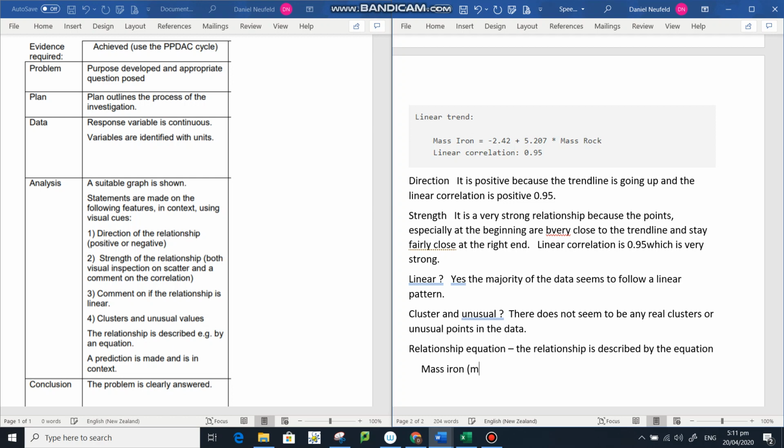I'm going to put the unit M, which is capital M because it's mass of a planet, equals negative 2.42 plus 5.207 times mass of rock, also big M.